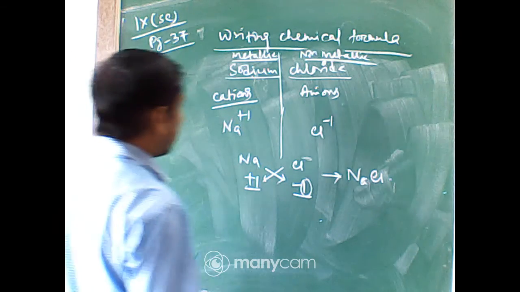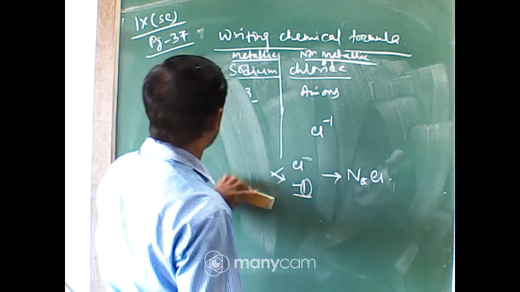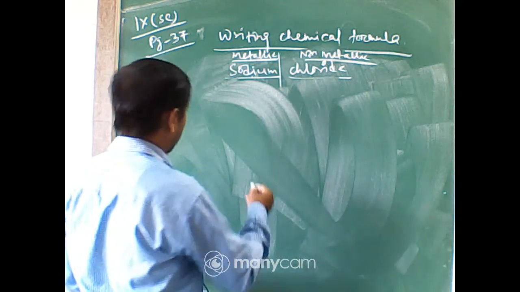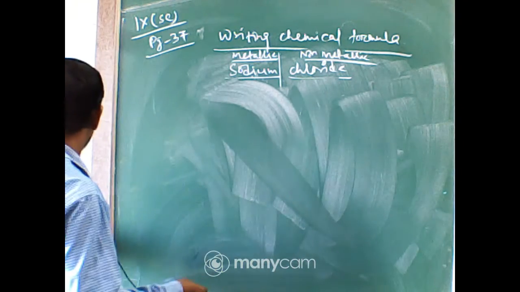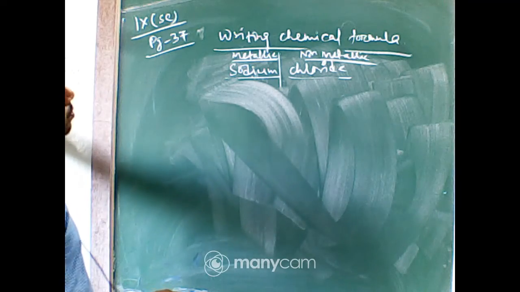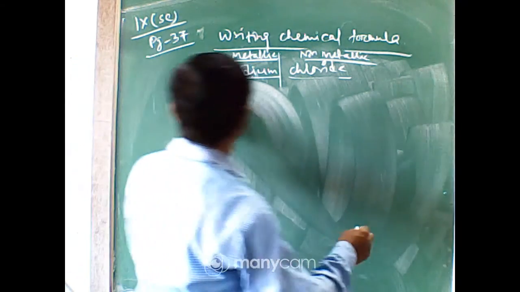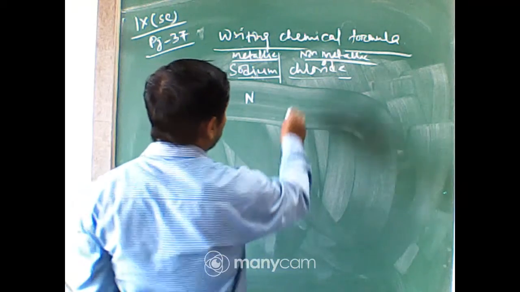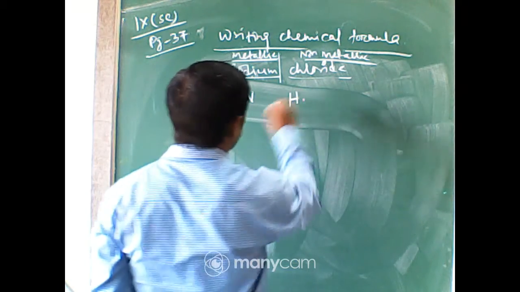Suppose some simple one, that is ammonia. Ammonia, the composition is nitrogen and hydrogen.